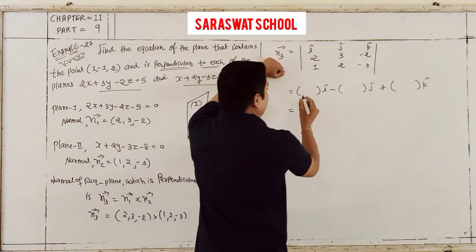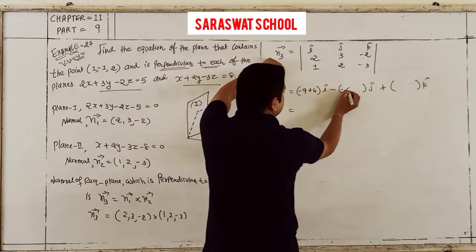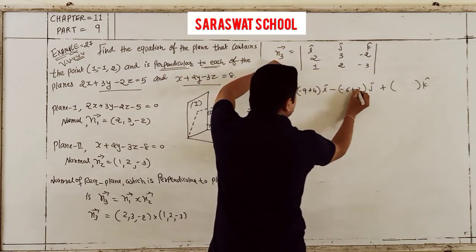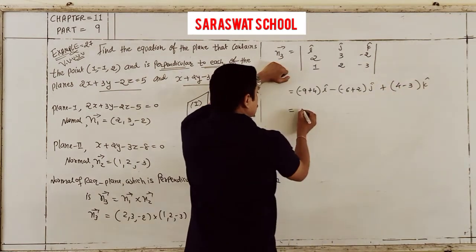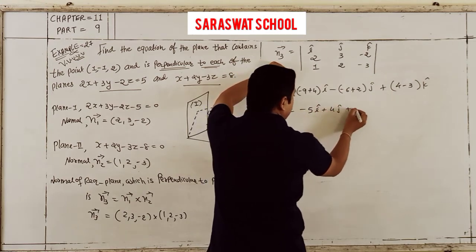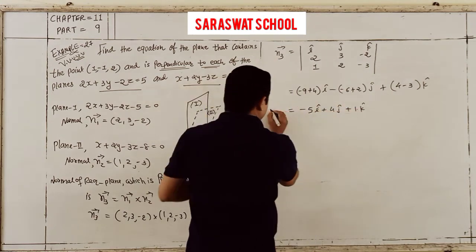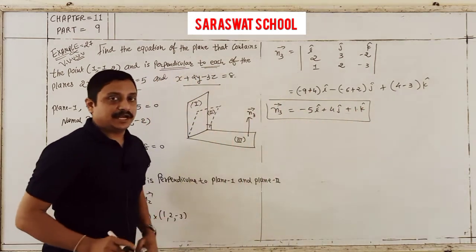So 3 minus 9 plus 4, second minus 6 plus 2, and last 4 minus 3. So minus 5i plus 4j plus 1k. That's your n3, the normal of the third, required plane.